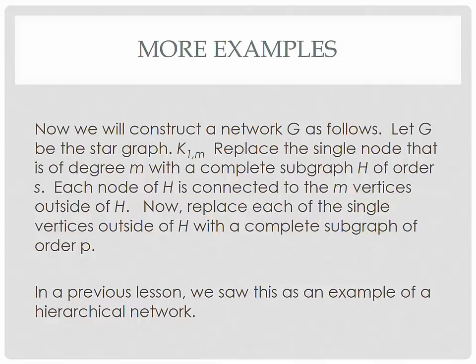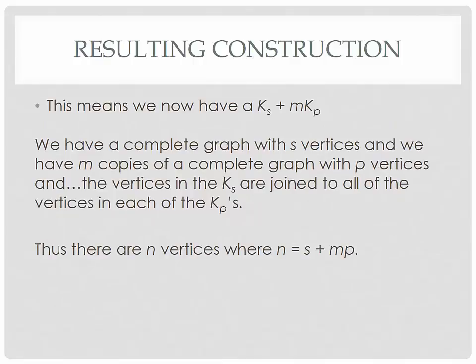We have copies of a complete graph of order P, and they're all connected to the original graph, which is a complete graph of order S. We denote this graph by K sub S, which is the complete graph on S vertices, joined to the M disjoint copies of a KP.